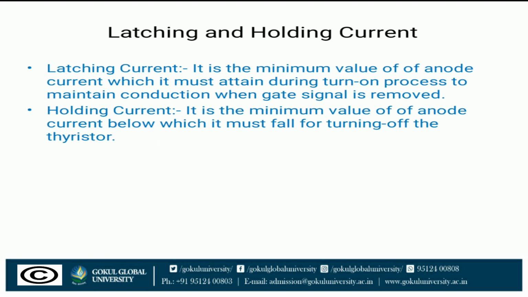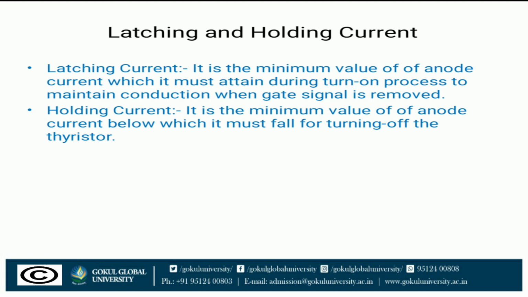No gate current is required for the device to remain in on state. If the gate current is removed, the conduction of current from anode to cathode remains unaffected. Keep in mind, however, if gate current is reduced to zero before the rising anode current attains a value called the latching current, the thyristor will turn off again.